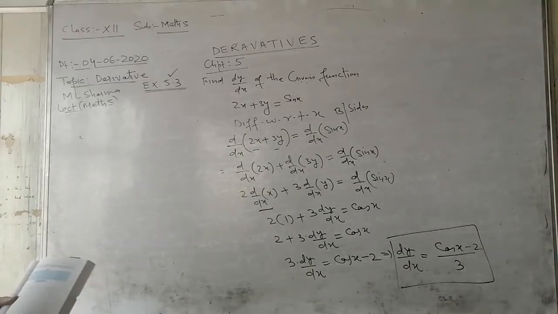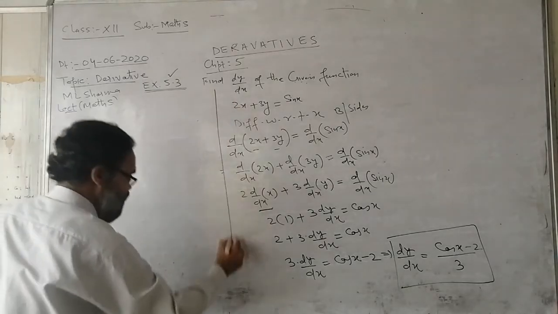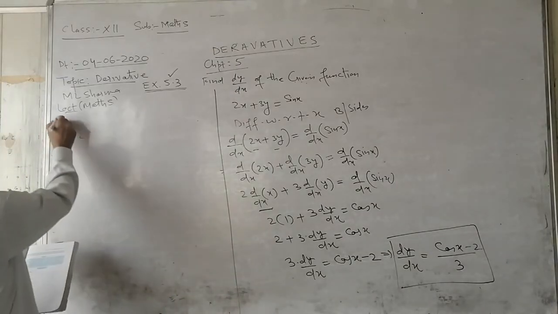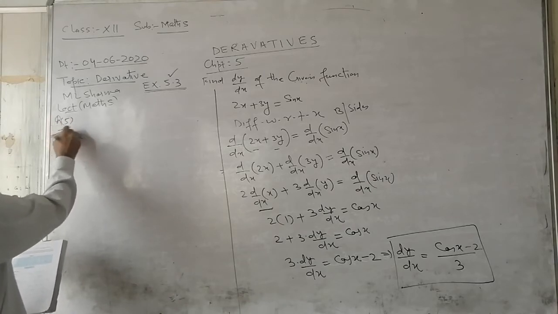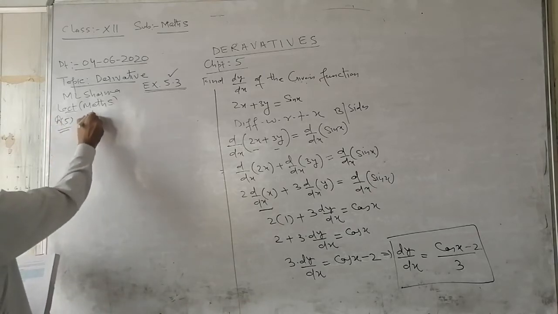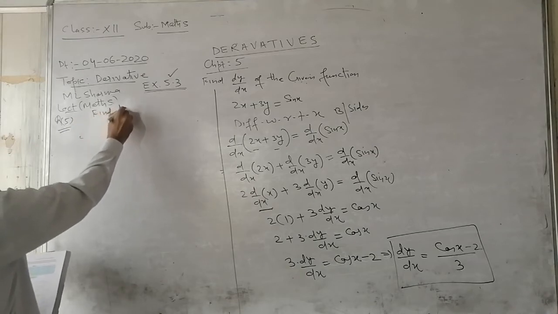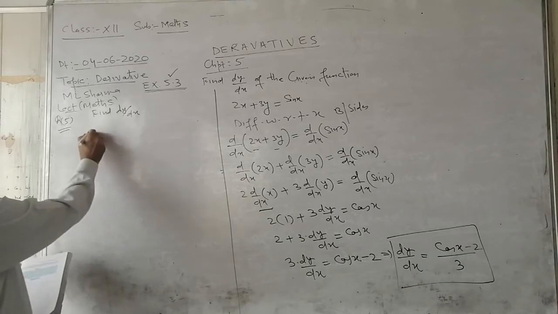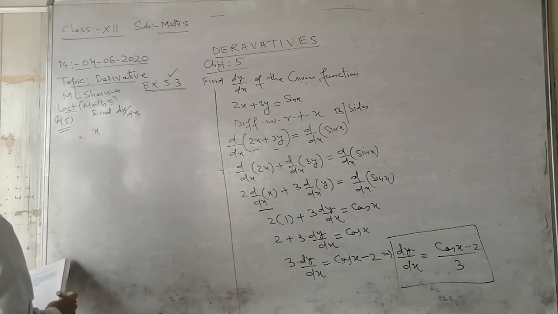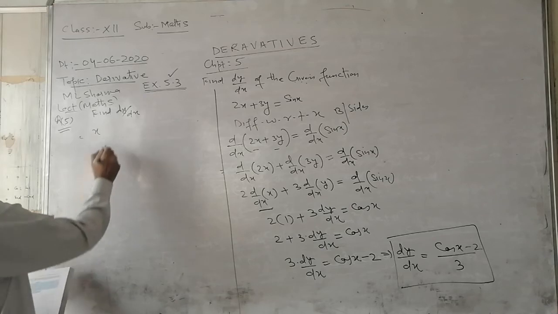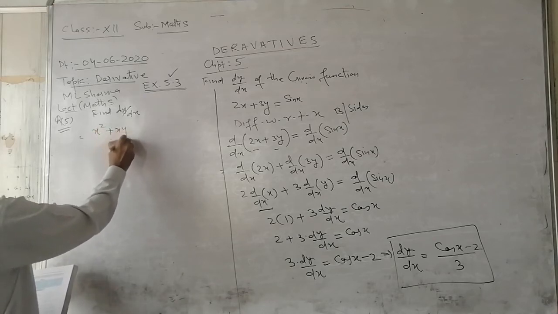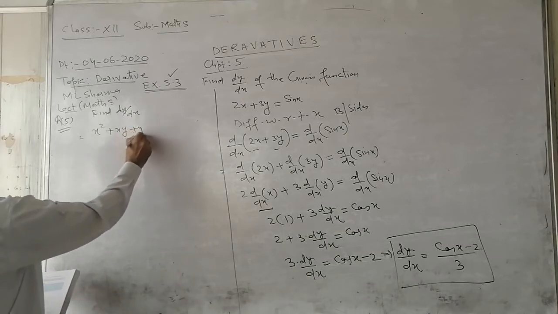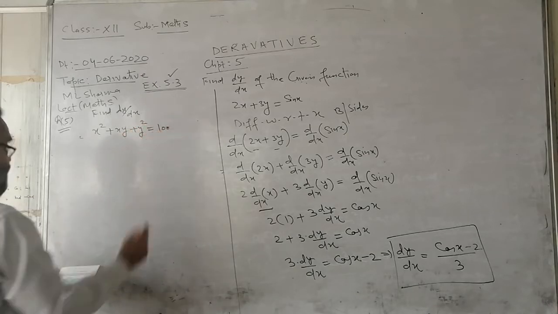So let us take another explicit function. The question is the fifth one: find dy upon dx of the function x square plus xy plus y square equal to 100.